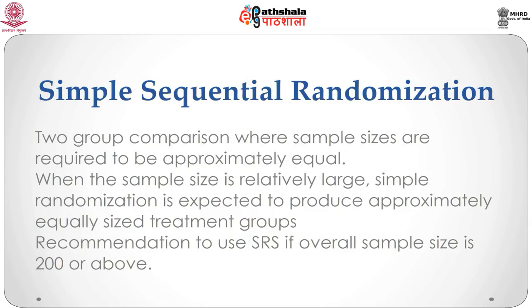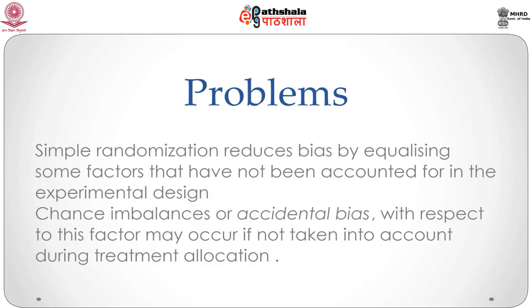A possible problem with simple randomization is that, in principle, it will reduce bias by equalizing on factors that have not been accounted for in the treatment design. So say, for example, if gender is an important factor, in the long run we would expect that on average the gender distribution is similar in both groups.